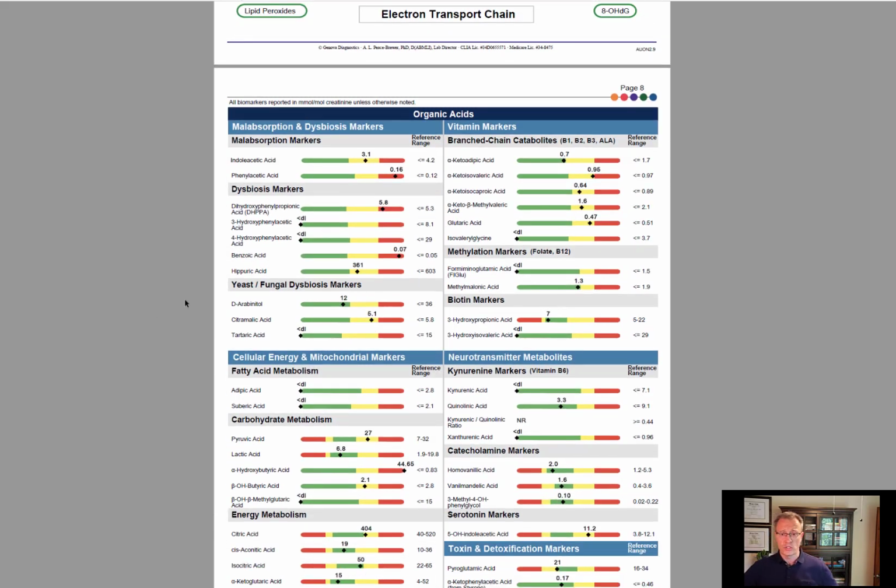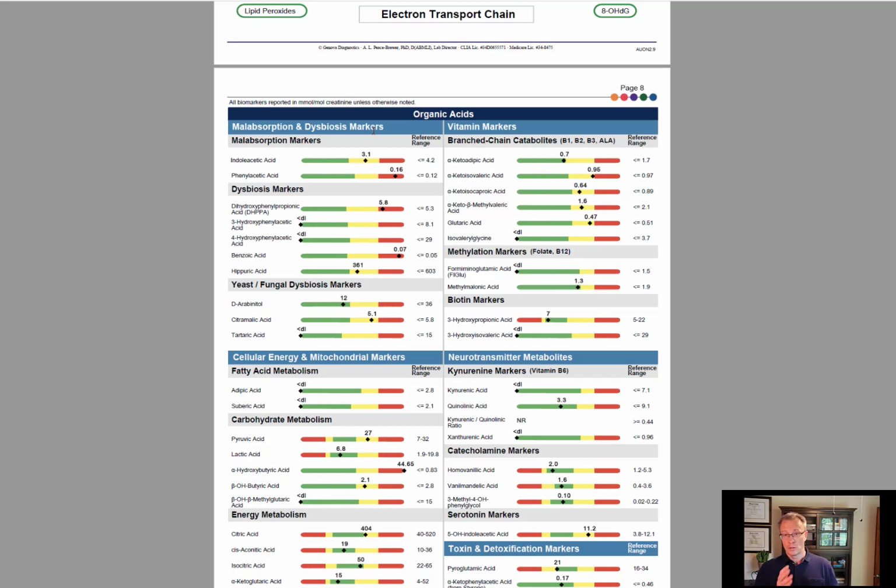The first box in this test is called malabsorption and dysbiosis markers, and it looks at the metabolic activity of the bacteria in our gut. It does not look specifically at those bacteria; there are other tests that are much more valuable for that. But it tells us if you have too much metabolic activity, and high metabolic activity is typically linked to more pathological or abnormal bacteria.